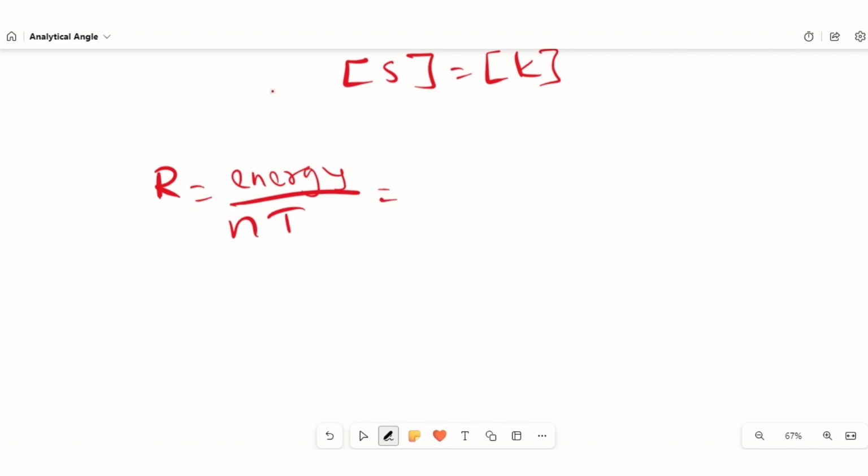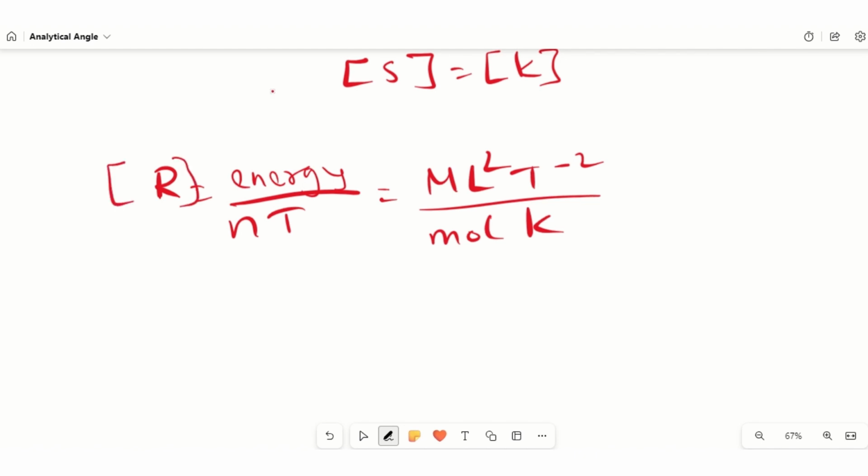Energy is M L squared T to the power minus 2, by the mole into temperature, which is K. So this is the dimension of R.